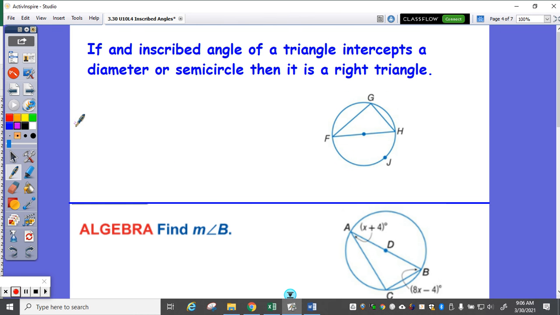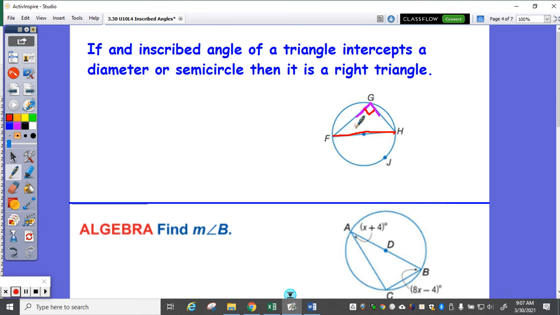This is the only thing that makes this a little bit complicated. Please pay attention to this. If I have an inscribed angle, and this inscribed angle intercepts the diameter of a circle, this will be a right angle, which makes this a right triangle, which gives me license to do other things as well, like Pythagorean theorem and special right triangles.